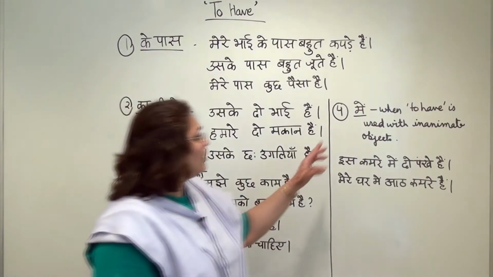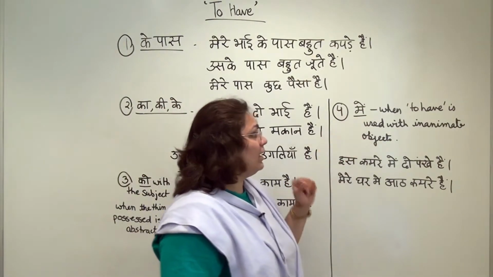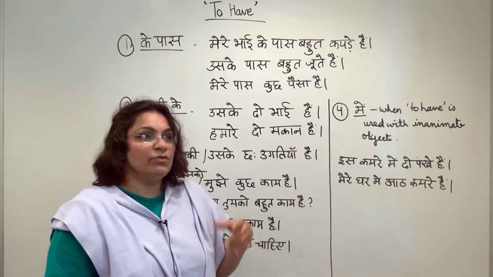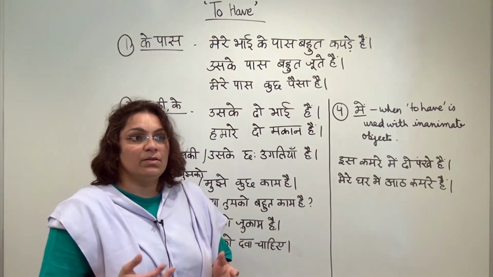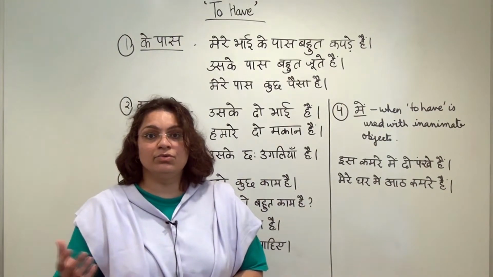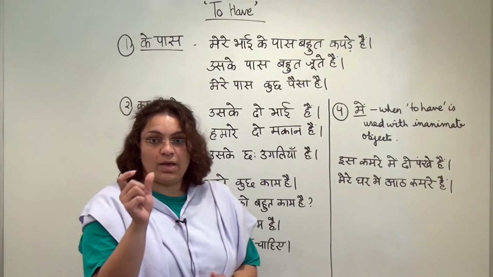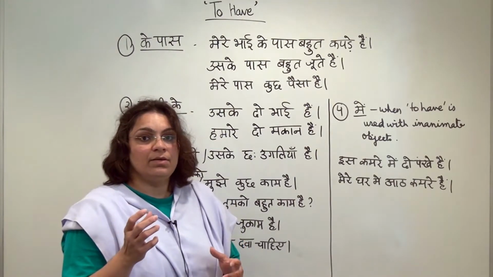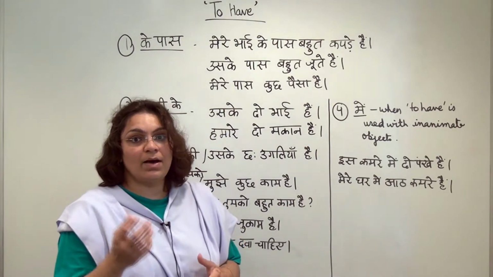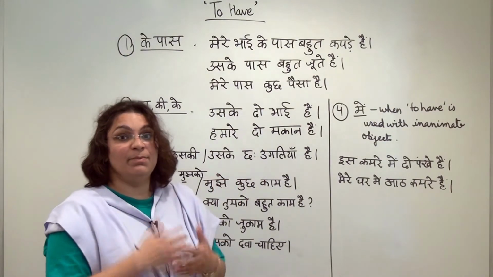Okay, there is one more, which is mein. For example, when you talk about a house and you say this house has 2 rooms, right? So to have, which is has in the sentence, is mein. It's not ke paas or ka ki ke or ko, right? It's the mein thing.